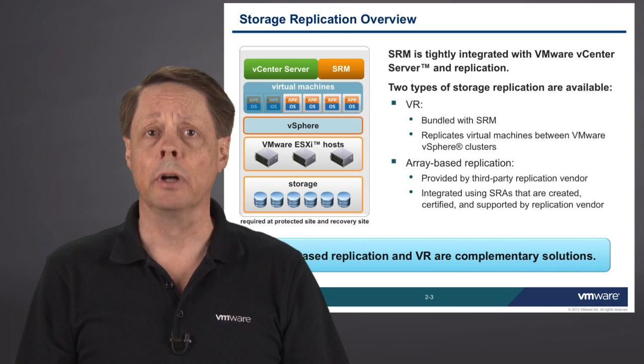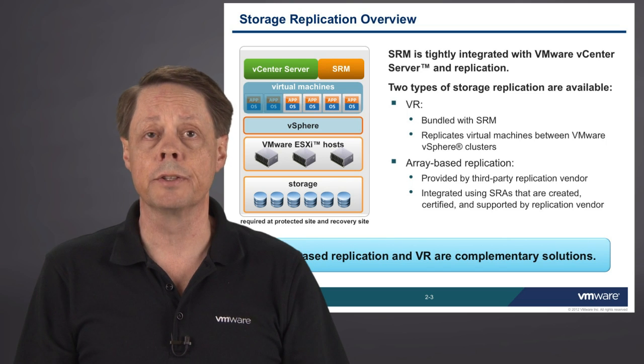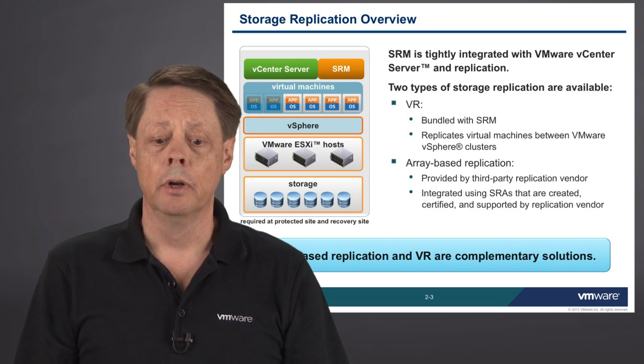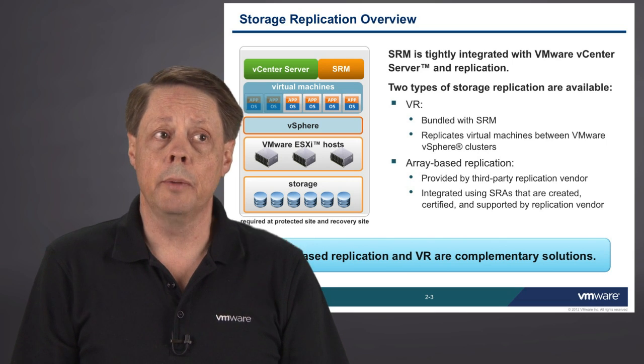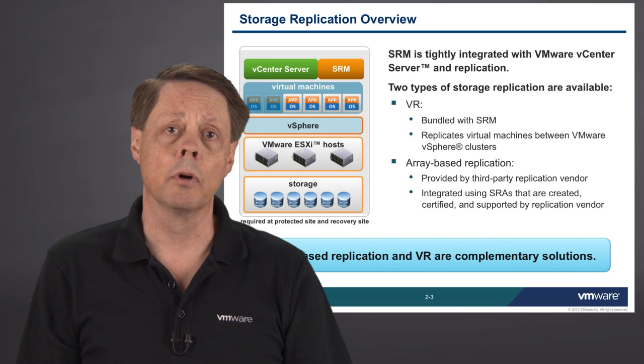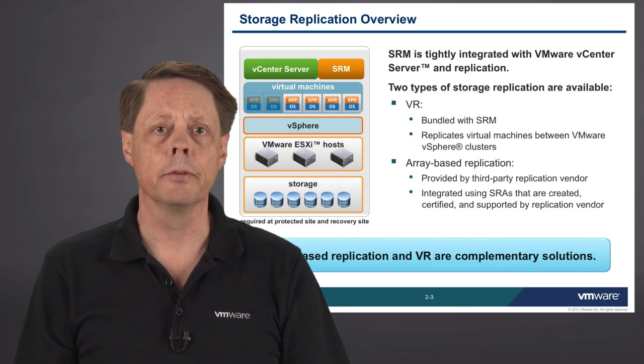And then you can backfill some of the less important virtual machines that you would otherwise never have had the funding to protect, or you're just taking advantage of some very cool technology. So you can deploy both of them together and make them work with SRM 5.